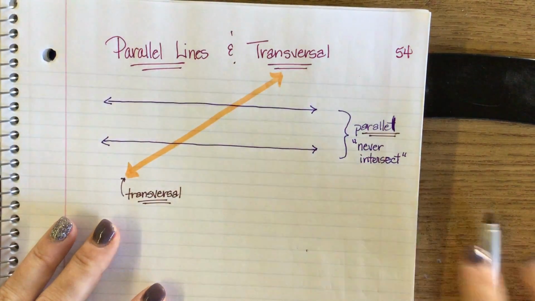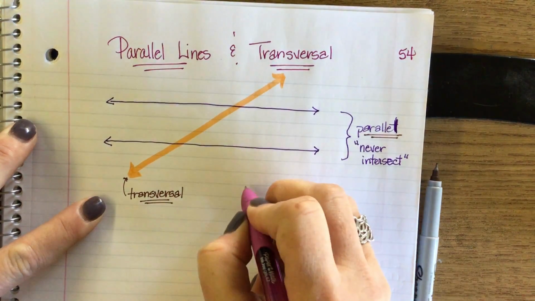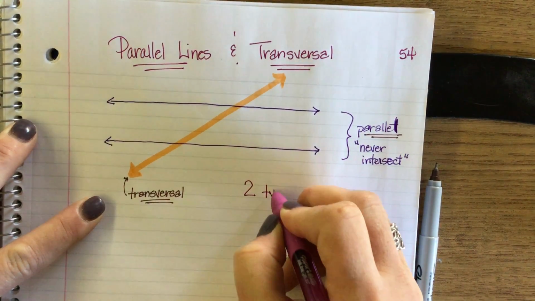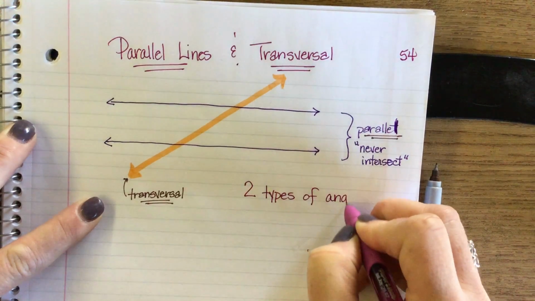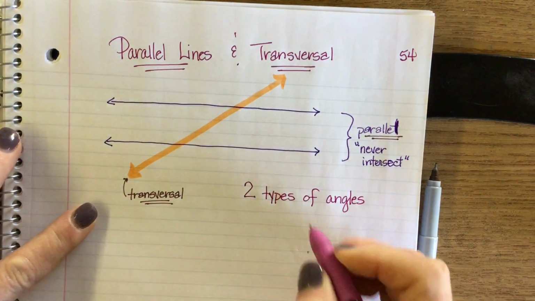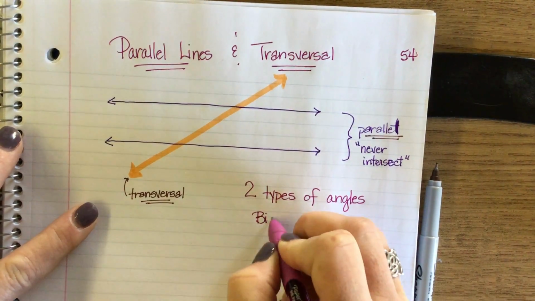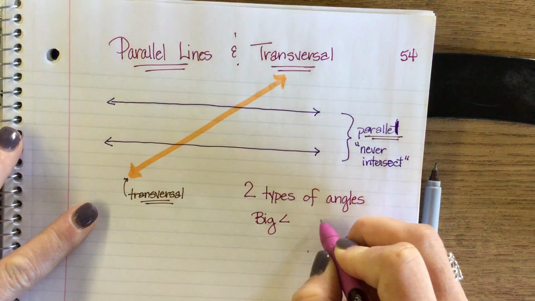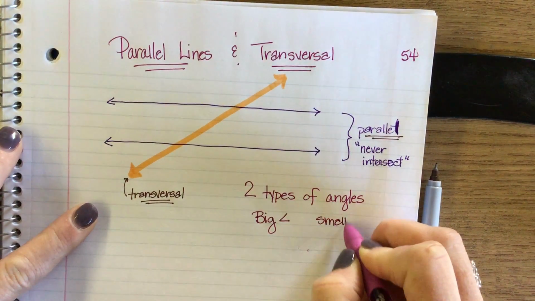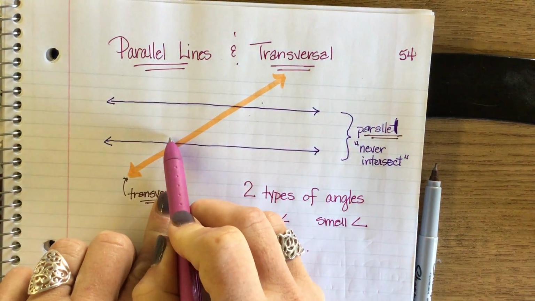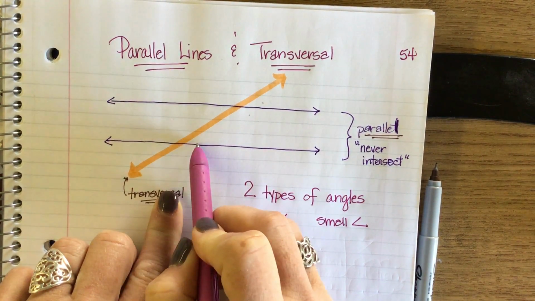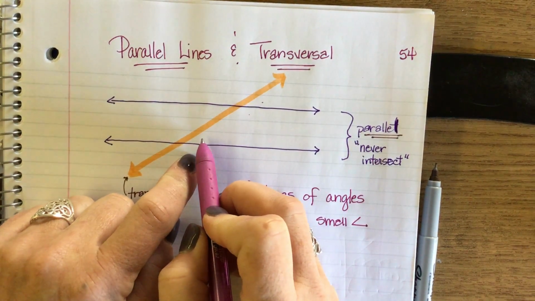There are only two types of angles. You have a big angle and you have a small angle. Big, small, small, big. In other words, your small is less than 90 degrees.